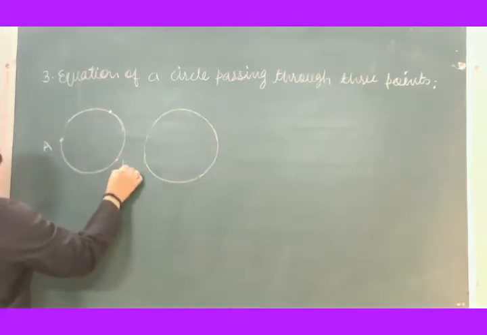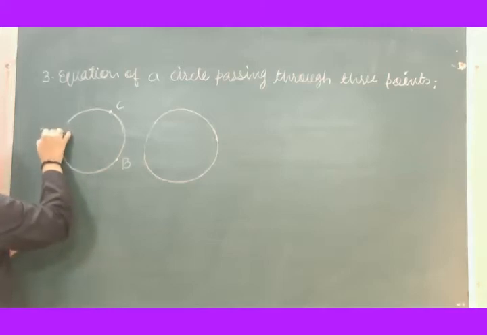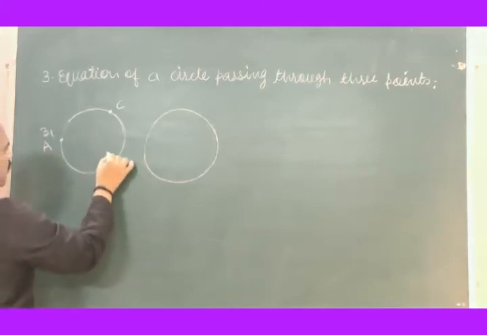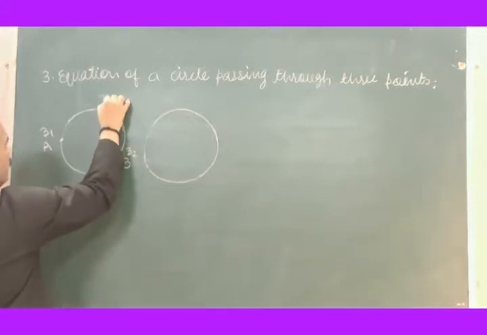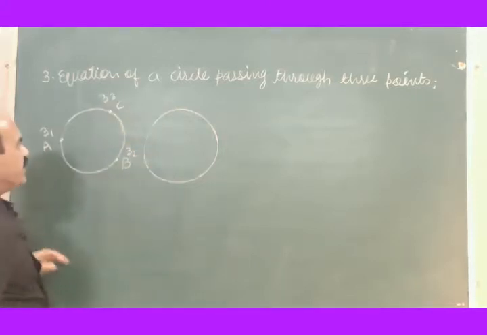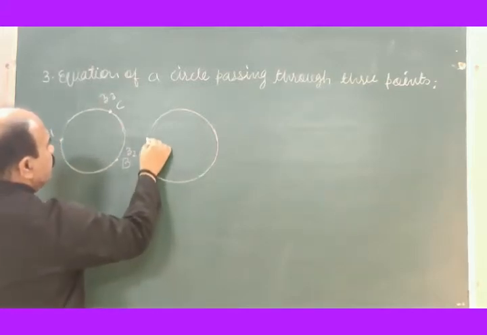Point A, point B, point C, represented by complex numbers Z1, Z2, Z3.